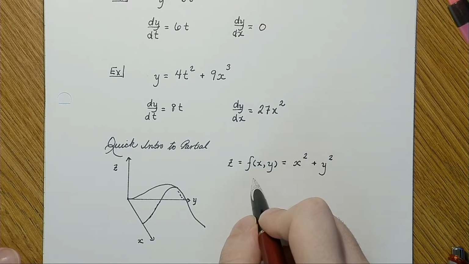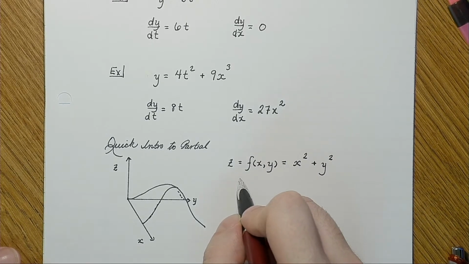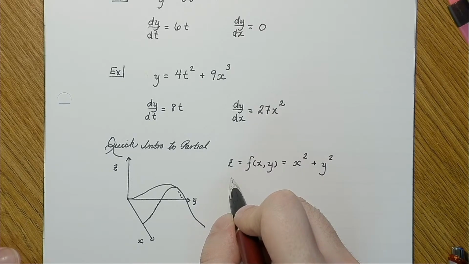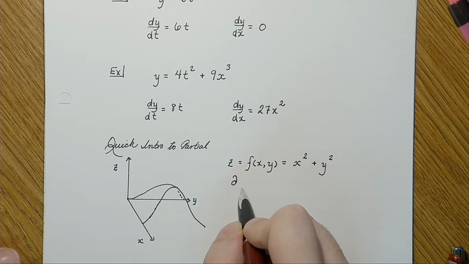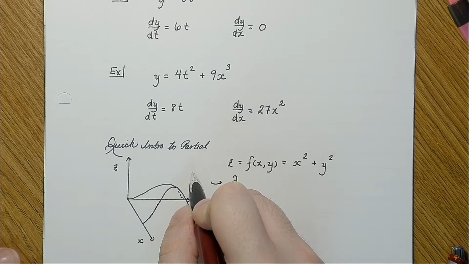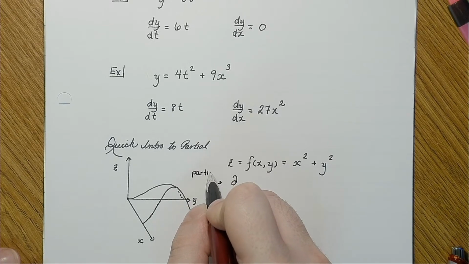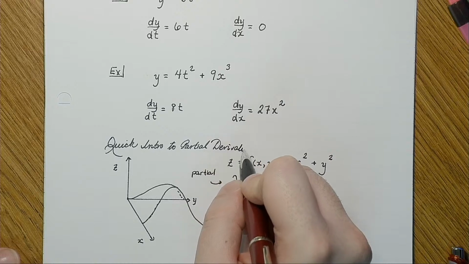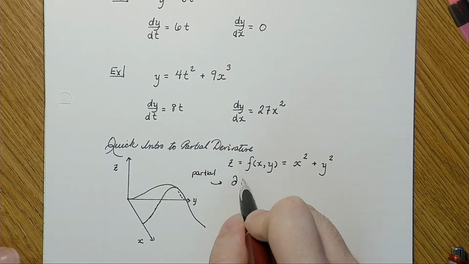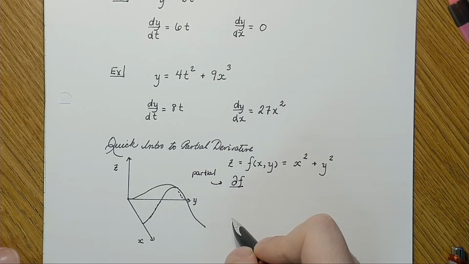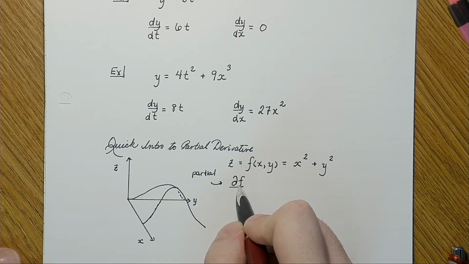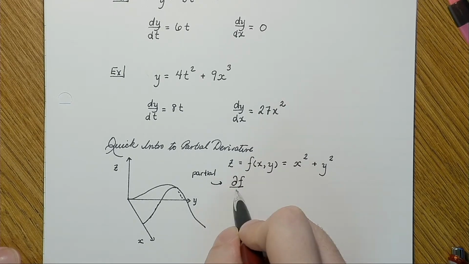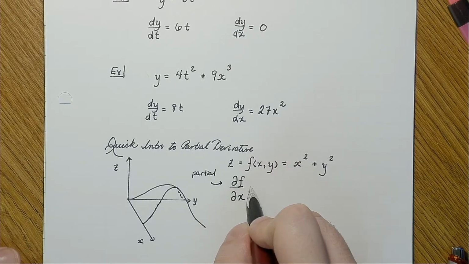Then if you wanted to take the partial derivative, they switch to a different symbol. They'll use a curly d like this. That means partial. So I'm going to take the partial derivative of f with respect to x.